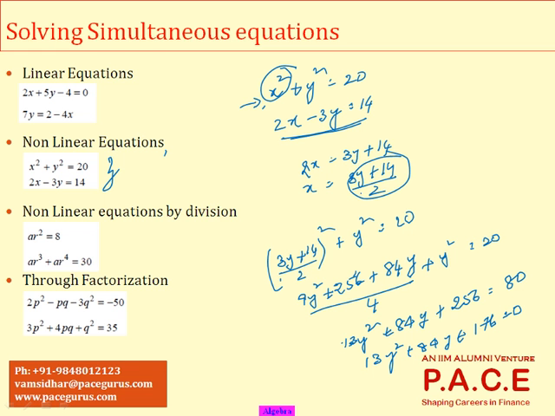Now, if you are able to identify the factors, well and good. Otherwise, you can use your formula. Minus b, minus 84, plus or minus square root of b squared, b squared is 84 squared, minus 4ac, 4 into 13 into 176.